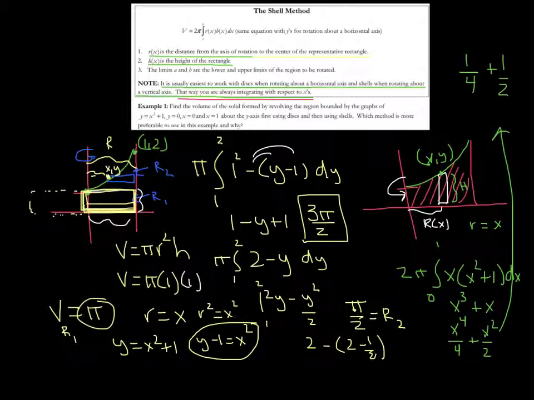And so 1/4 plus 2/4 is 3/4. But don't forget, we've got a 2 pi out front. So that's going to be 6 pi over 4, which reduces to 3 pi over 2. And we are done with this problem using the shell method.